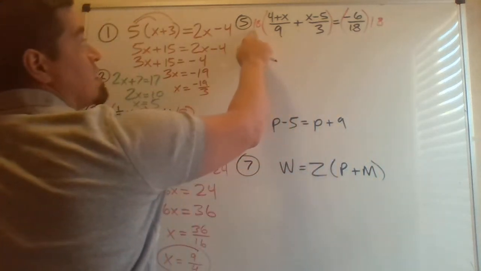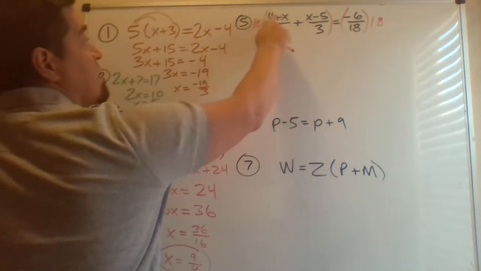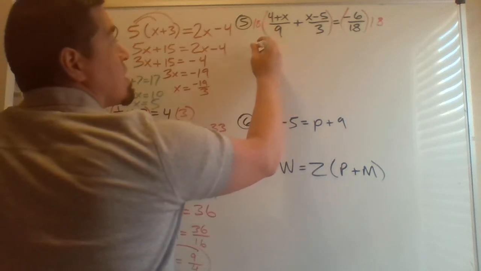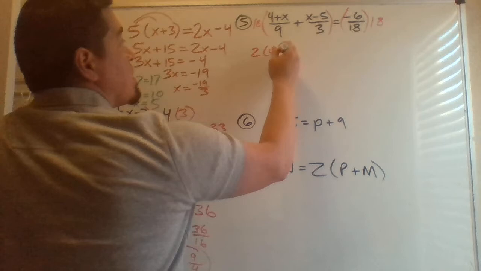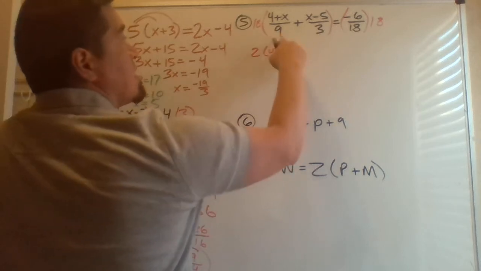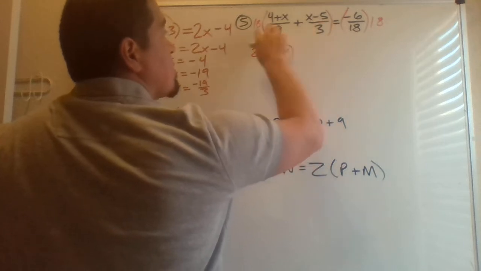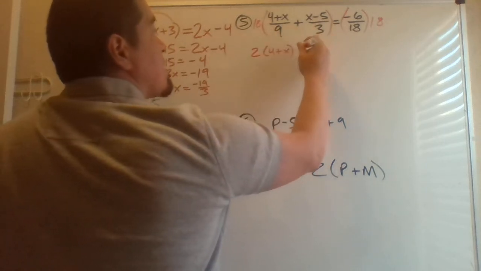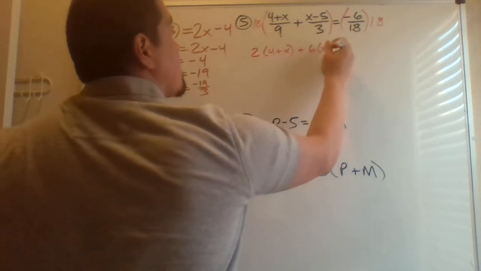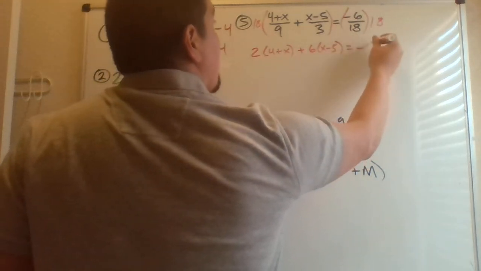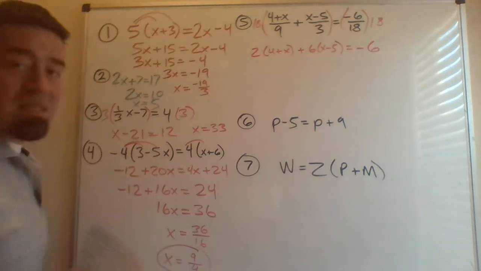You can think of this as 18 divided by 9, so it's actually 2 times 4 plus x. And then you're going to do 18 times this one, but that's really like 18 divided by 3, so that's actually going to be 6 times x minus 5. And then over here, the 18s will just cancel out, leaving you with -6.